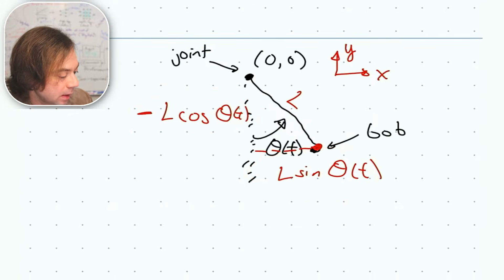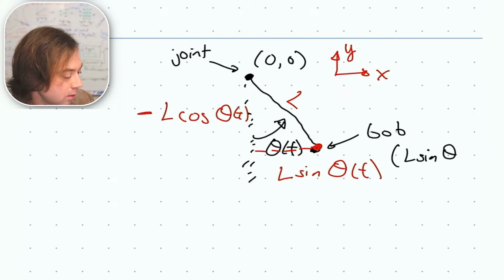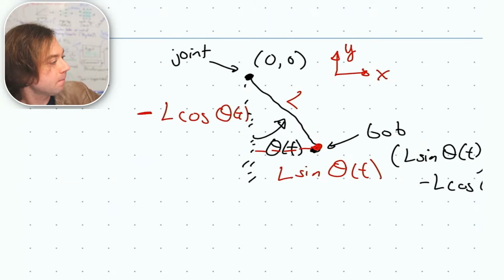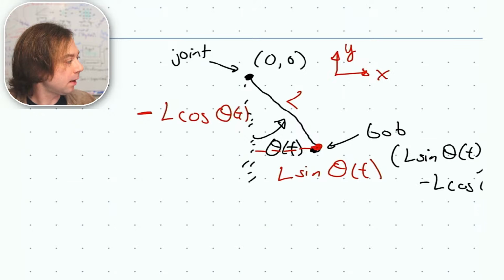That bob is going to be at L sine of theta for the horizontal axis. And for the vertical axis, it's going to be minus L cosine of theta. Just some trigonometry. That's all it is. Not bad, right? Not bad.